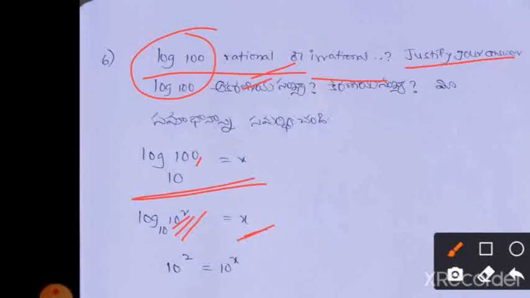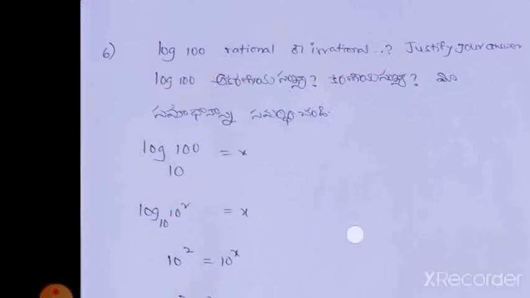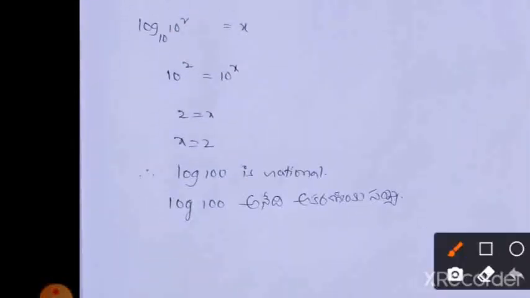Now I am changing this into exponential form. Here 10 is the base. Whenever we change into exponential form, this base will remain the base. So 10 square is equal to 10 power x. Once you observe, both bases are equal, 10 and 10.